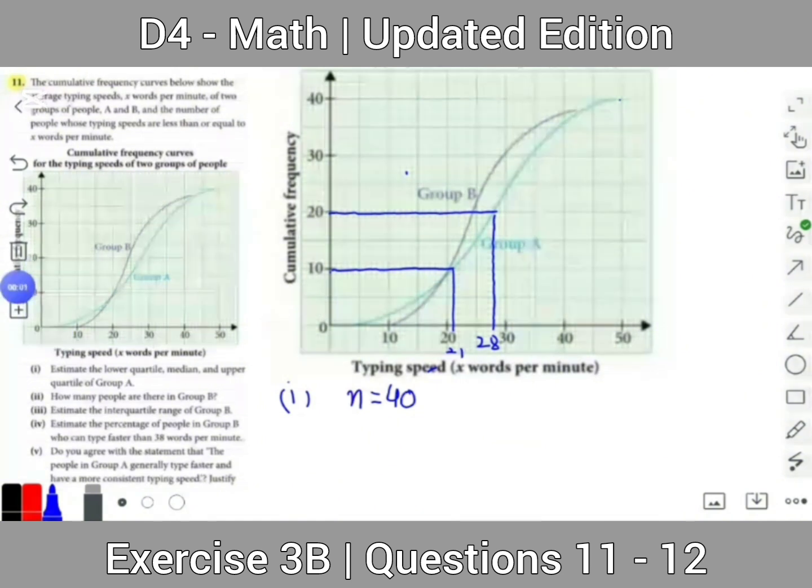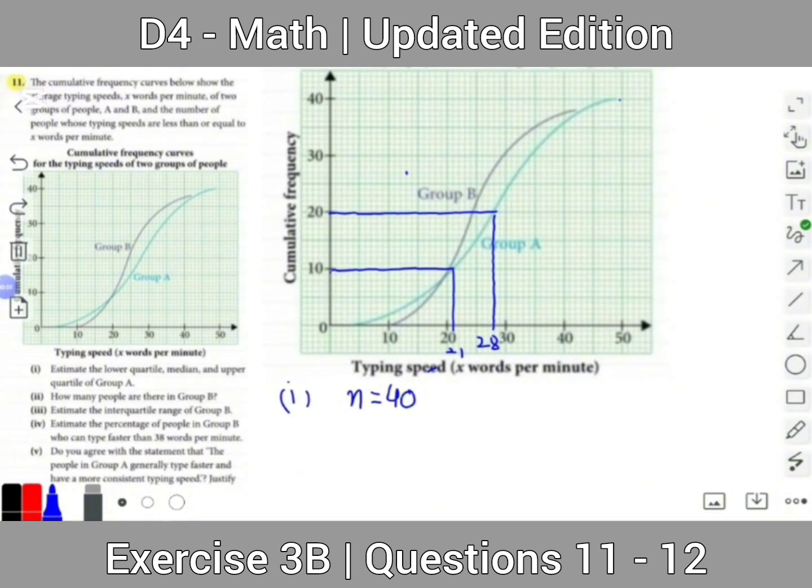Now to estimate the upper quartile from the cumulative frequency curve representing group A, we find the position of the upper quartile by using 3 over 4 n. So we have 3 over 4 multiplied by 40, and this will be equal to 30. Now we will look at the data value corresponding to the cumulative frequency of 30.